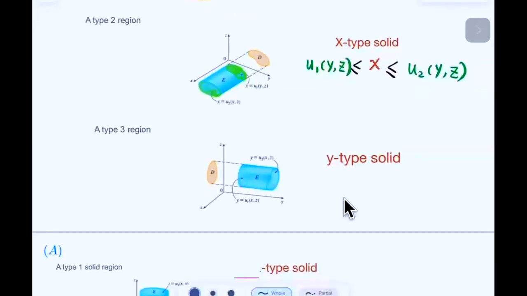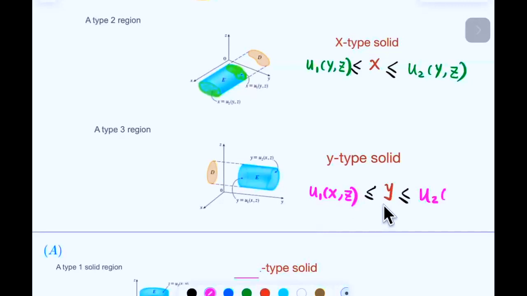The Y over here is bounded by surfaces: below by U1 of X, Z, a function of X and Z, and above by U2 of X, Z. Then this is called a Y-type solid.